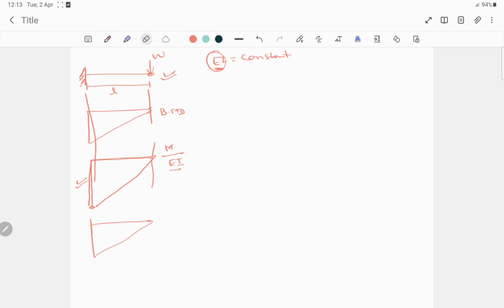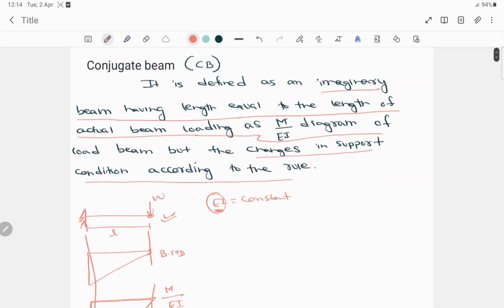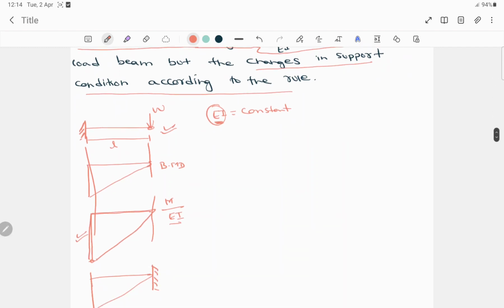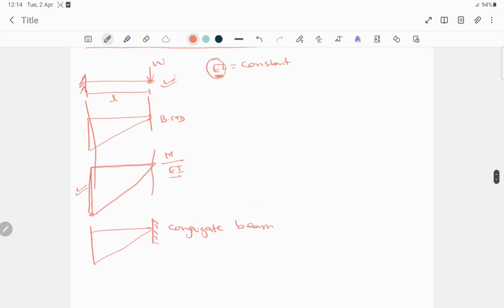But in case of the conjugate beam, the fix will be on this side. So there are some rules in case of conjugate beam. So I'll go through the rules of the conjugate beam in detail. So this is the conjugate beam for this type of beam.